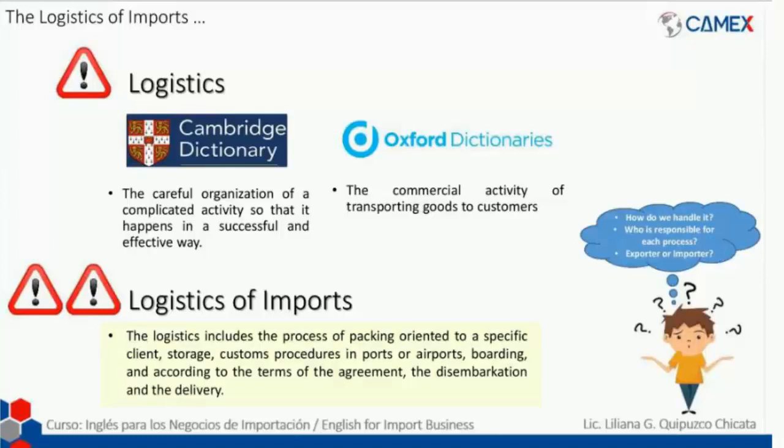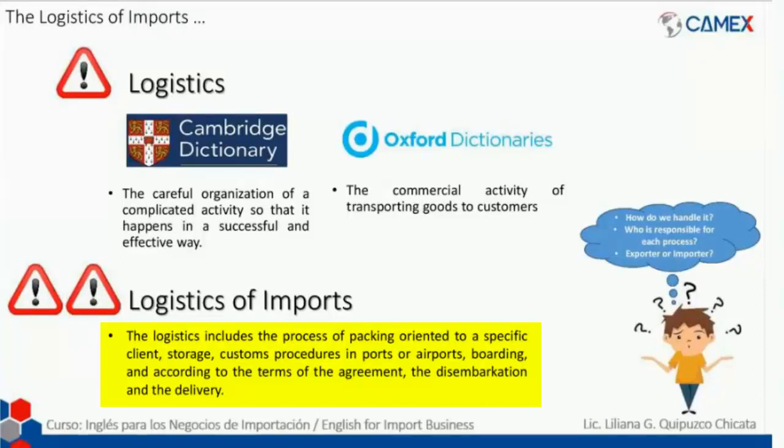The logistics of imports include the process of packing oriented to a specific client, storage, customs procedures, boarding, and according to the terms of the agreement, the disembarkation and the delivery.